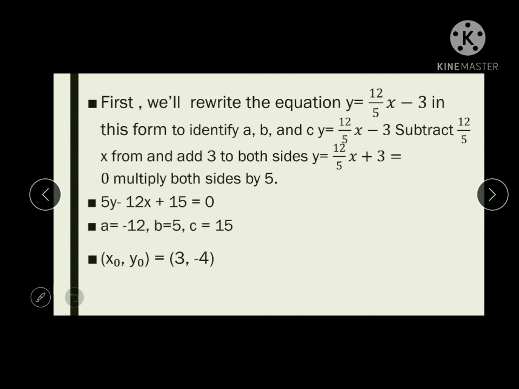Negative 12 over 5 x plus y plus 3 equals 0. Multiply both sides by 5. 5 times y equals 5y. 12 times x equals negative 12x. 5 times 3 equals positive 15 equals 0.